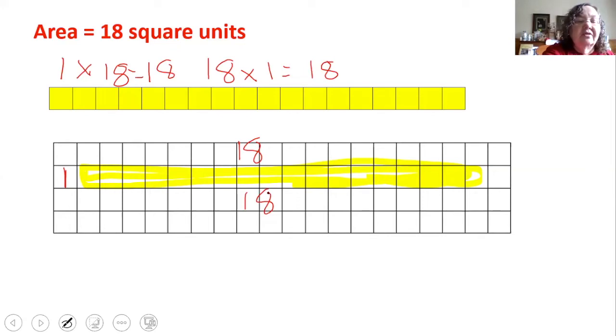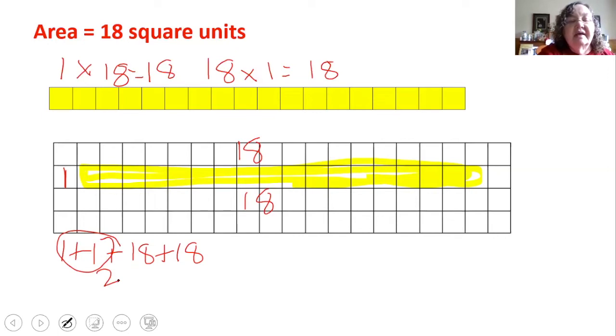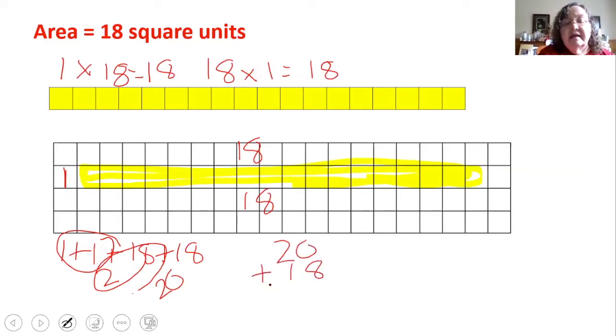So I would know that I would add 1 plus 1 plus 18 plus 18. And I see a double here that I know 1 plus 1 is 2. And I know that 2 plus 8 makes 10. So 2 plus 18 would make 20. Now I just have 20 plus 18, and I have 38.